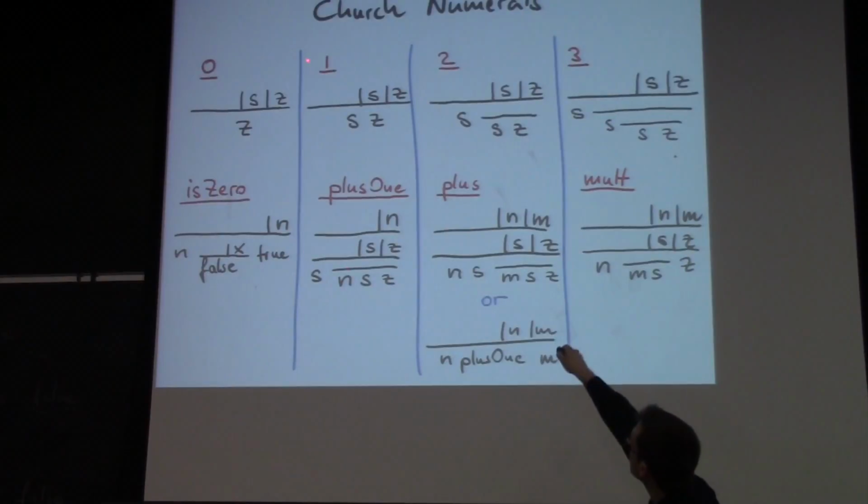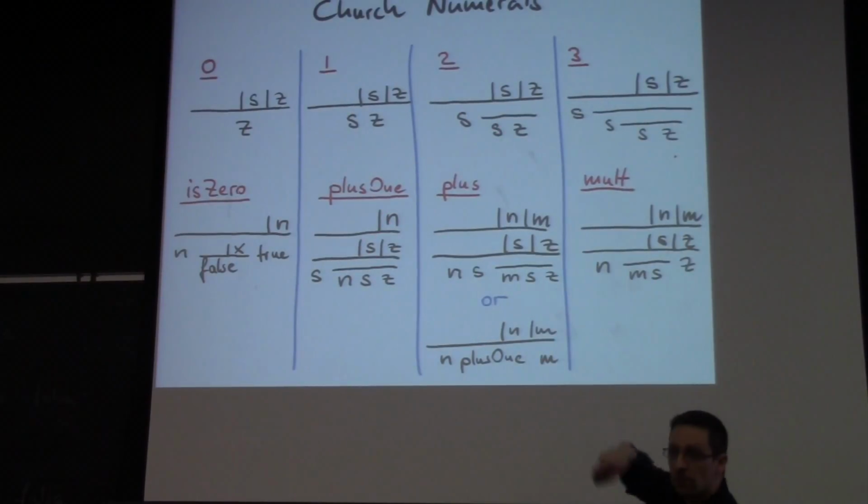So you can see if n was this guy here, it eats the S and the Z, throws away the S and just returns the Z. So this would reduce to Z. And then what I get is S eats Z. So I'm getting an alligator that takes an S and a Z and then just applies S to Z, which is 1. And the same way, if n was 1, we would get 2 in the end. If n was 2, we would get 3, and so on.